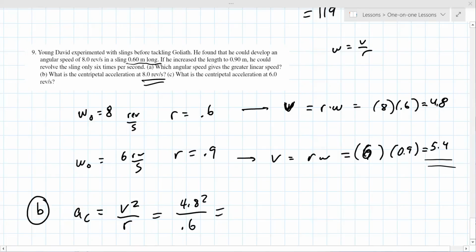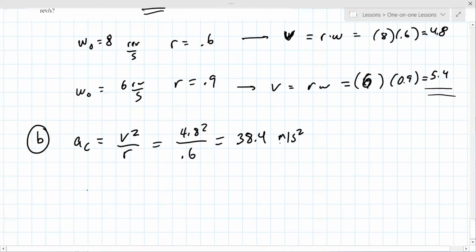Okay, 38.4, and that's meters per second squared. And then the other one, you have to find the centripetal acceleration of the other one. That's v squared over r, that's 5.4 squared over 0.9.